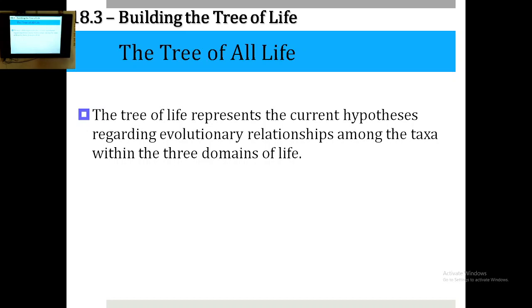Let's now start with the tree of all life. What do we mean by the tree of all life? The tree of life represents the current hypothesis regarding evolutionary relationships among the taxa within the 3 domains of life.